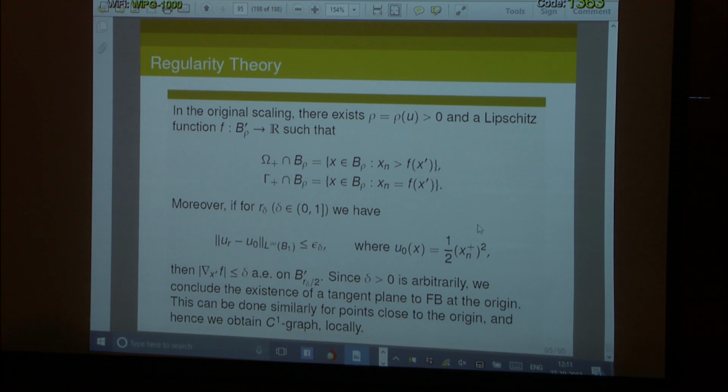But then you have to use the boundary Harnack inequality for Lipschitz domains. Then you get C1,alpha. Okay, so this is the regularity theory that I planned to tell you about.